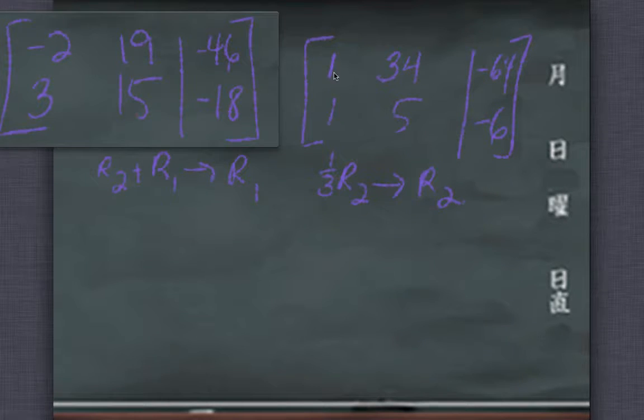Now I want a 0 here, so I can just do row 1 minus row 2 goes to row 2.